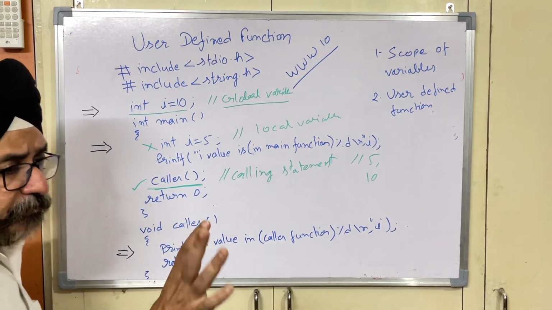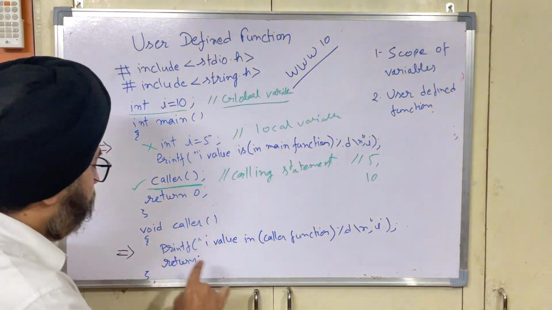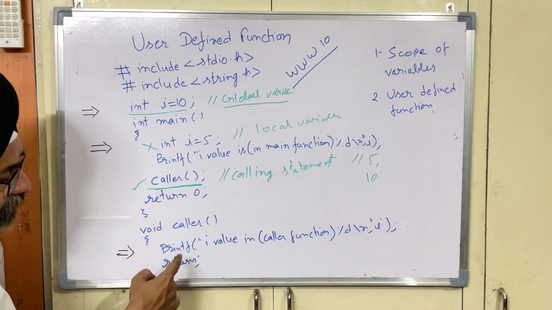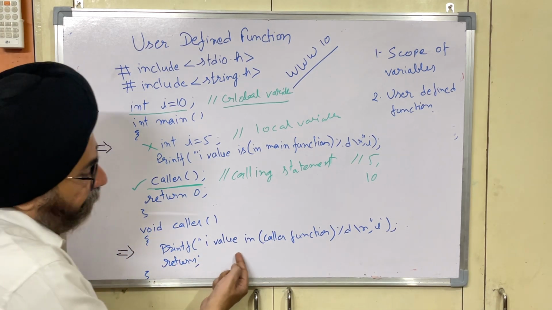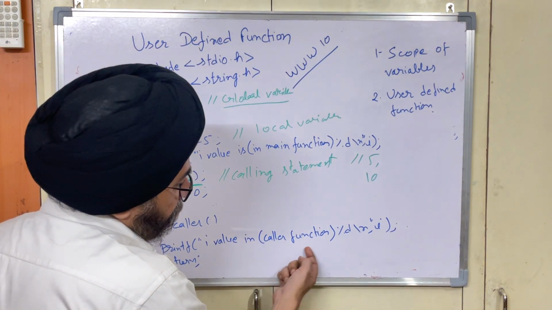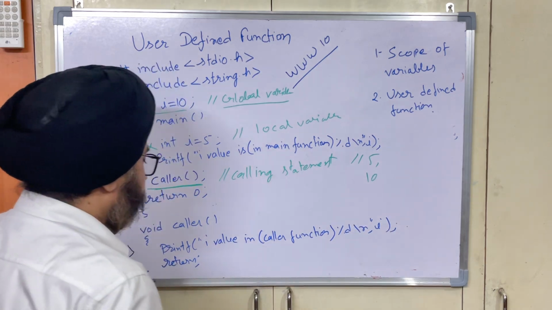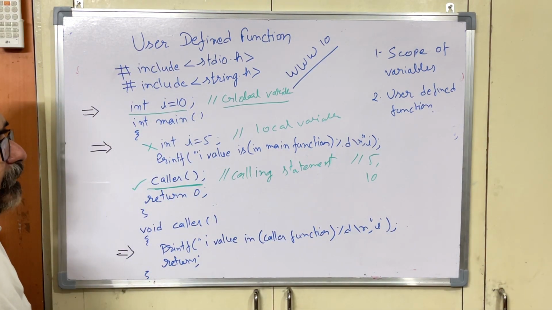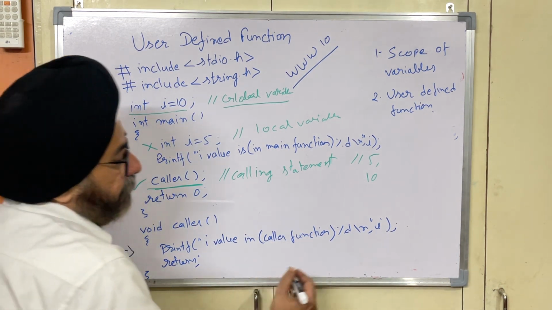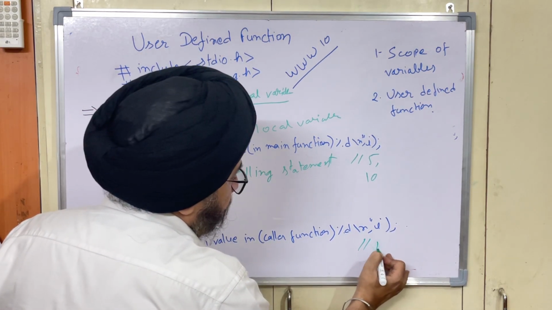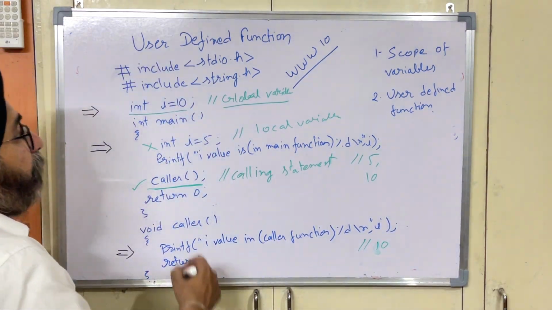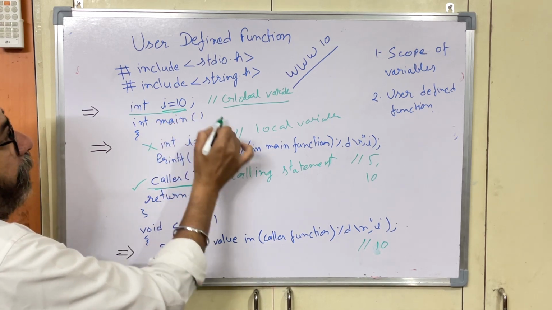Void means it returns nothing. Inside the body of the function, we write printf "i value in caller function %d\n", i. What will it display? You can understand that it will also display the value 10. Why? Because it is the global.